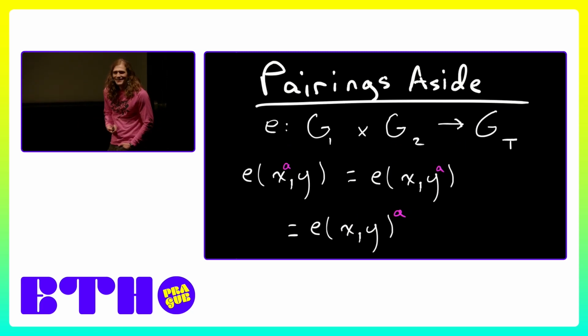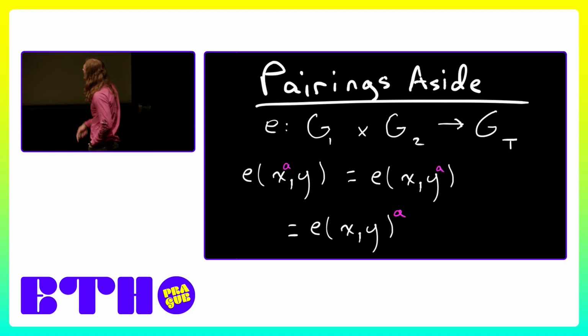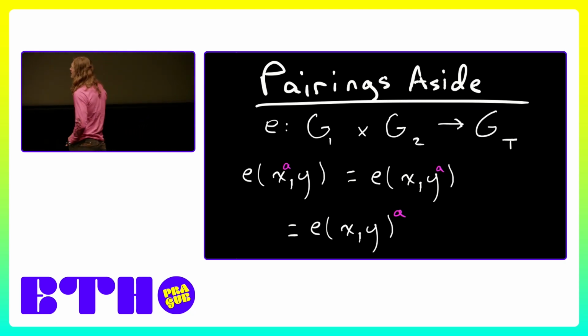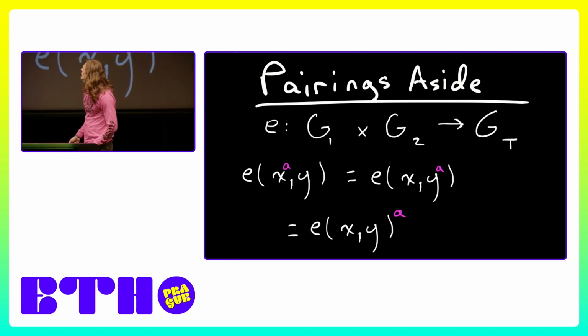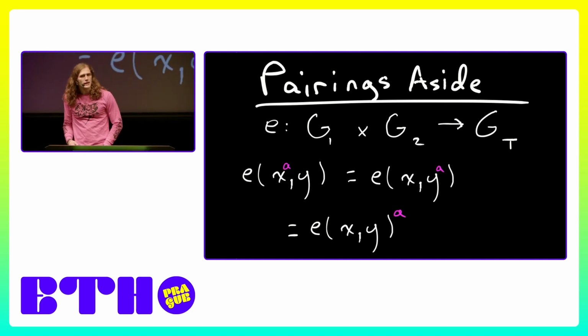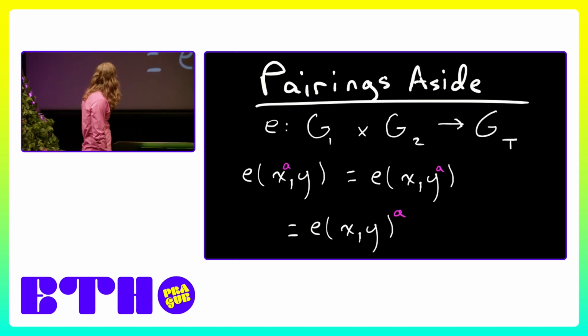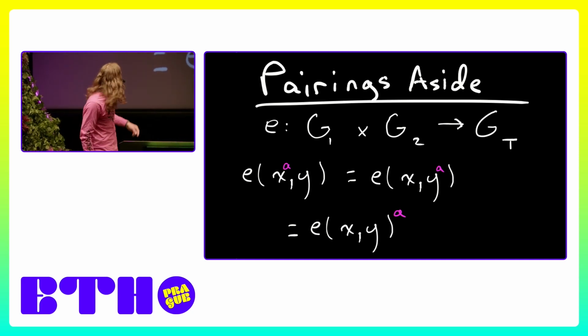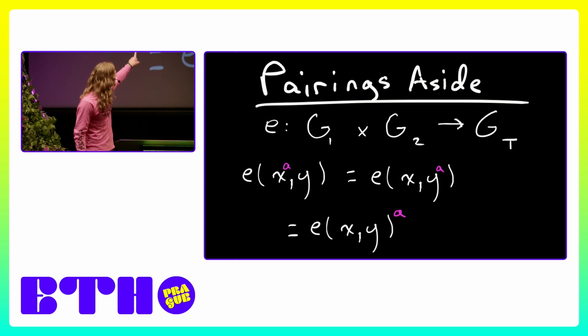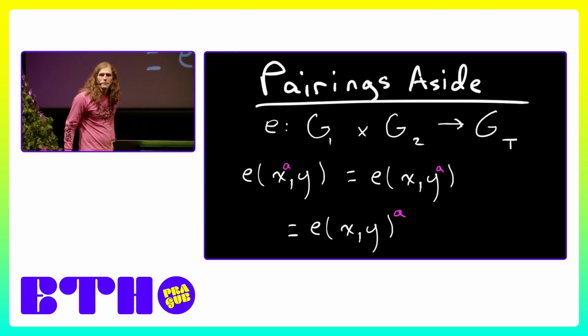Sounds like fun. So the type of elliptic curve cryptography we're talking about is pairing cryptography. And it specifically means one thing. We want a function E that says, OK, so here's an element in group 1 and an element in group 2. And I want a bilinear pairing between an element in group 1 and an element in group 2.